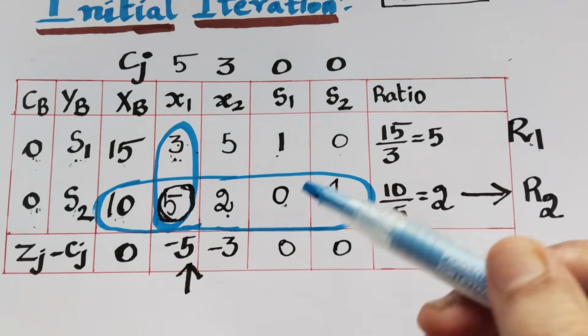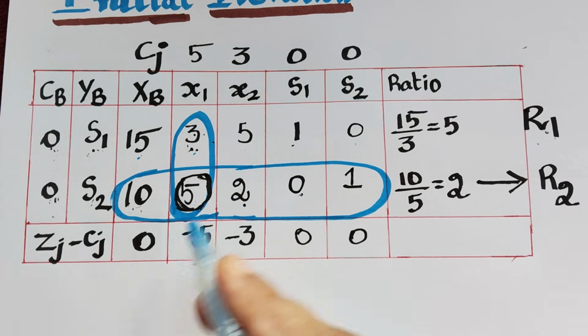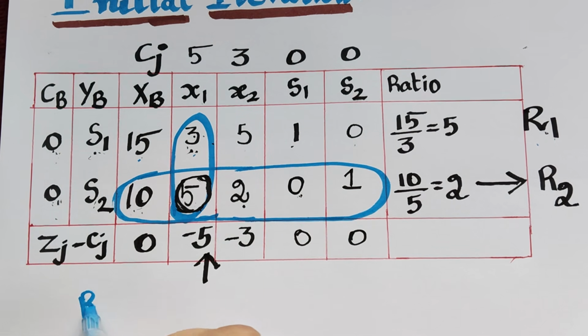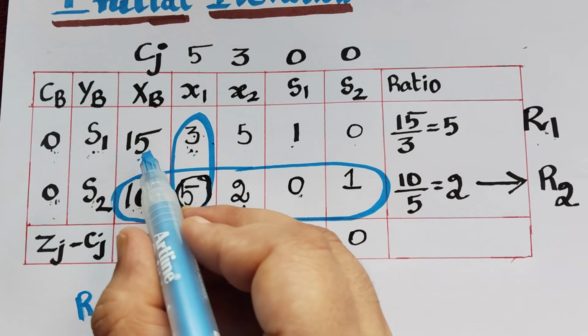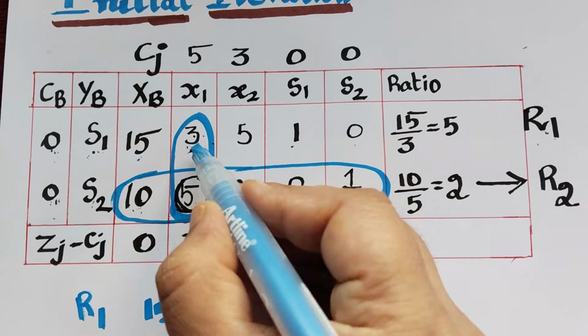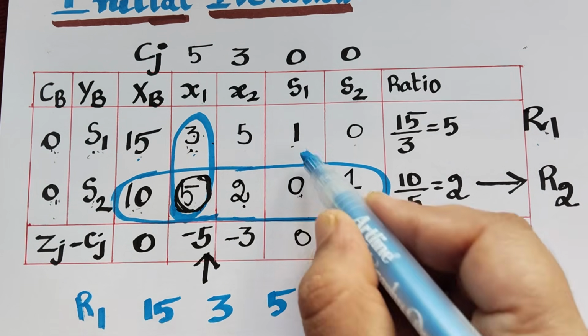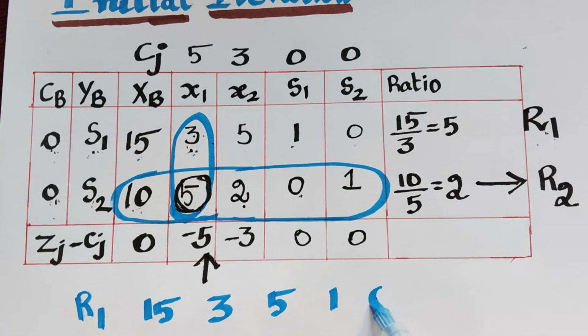If you see here, R1 is this row. Let us take the elements of R1 and write them here. First element is 15, and then 3, and then 5, 1, 0. So I have written the elements of R1.